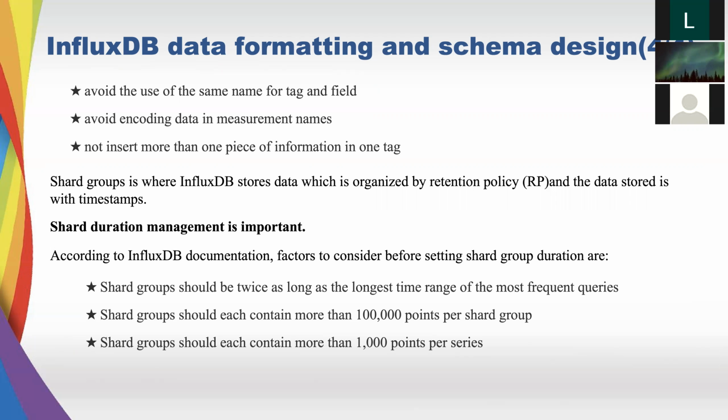This time is called the shard duration, and its management or optimization requires finding a balance between the performance provided by longer shards and the flexibility provided by shorter shards. According to the InfluxDB documentation, before setting the shard group duration, make sure to have no more than 1,000 point series and 100,000 points per shard group.